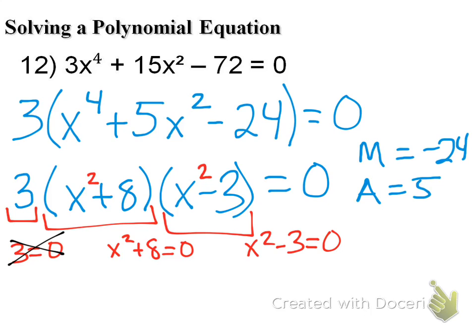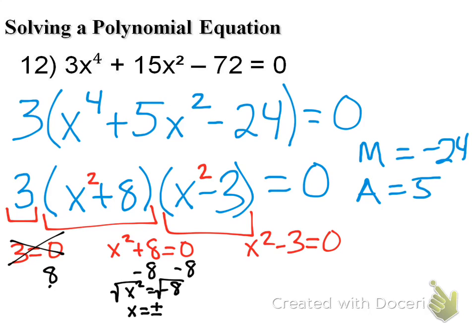How would I solve something like x squared plus 8? Very good. You got to subtract the 8, and then you take the square root. So I have plus or minus. What's the square root of negative 8? I hear some people that are getting close.